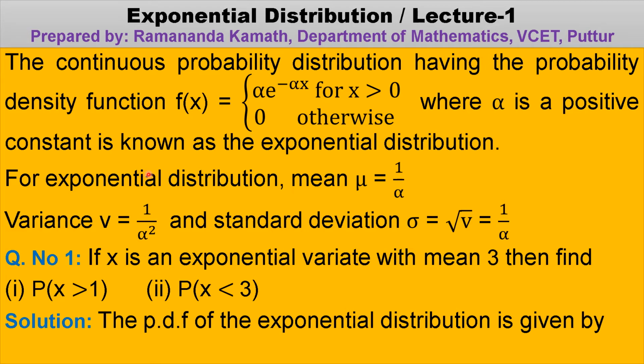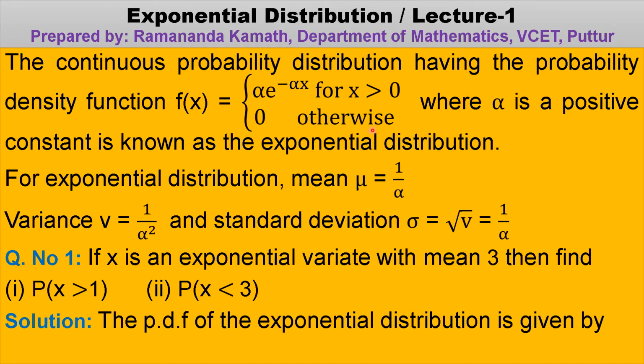We shall see one more type of continuous probability distribution called the exponential distribution. The continuous probability distribution having the probability density function f of x equal to alpha into e power minus alpha x for all positive x values, for x greater than 0, and f of x will be equal to 0 otherwise.